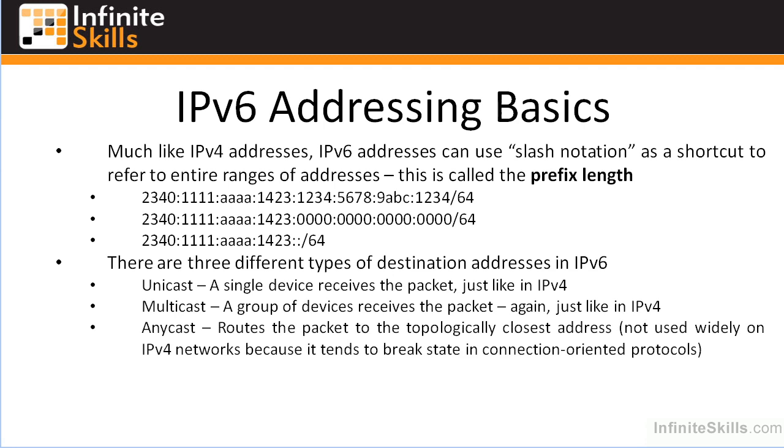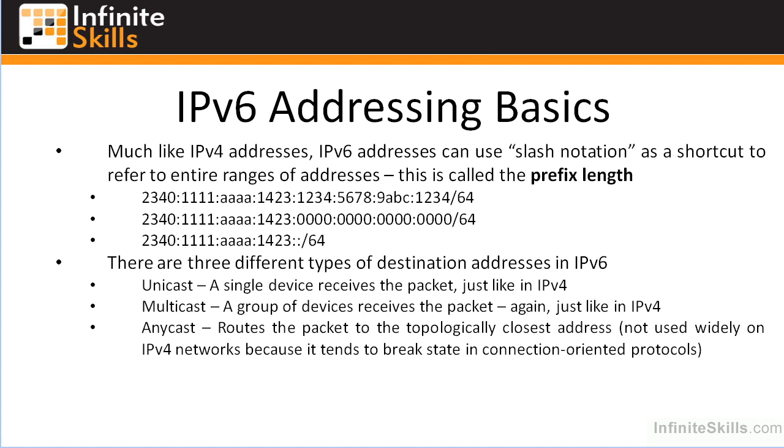And last we have the anycast. Anycast routes the packet to the address that is physically or topologically closest to the sending workstation. I have seen analogs to the anycast address on IPv4 networks, but honestly they're not used because they tend to break state-based protocols like HTTP or load balancers, so on and so forth.